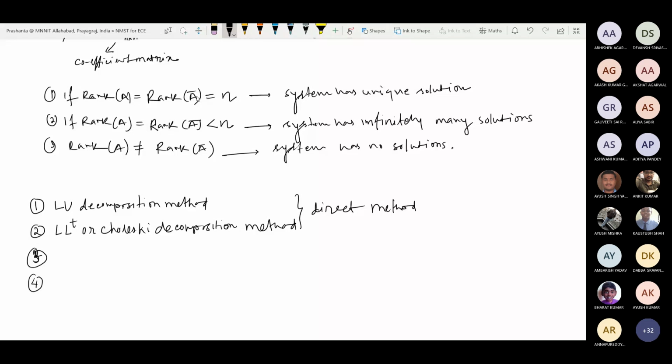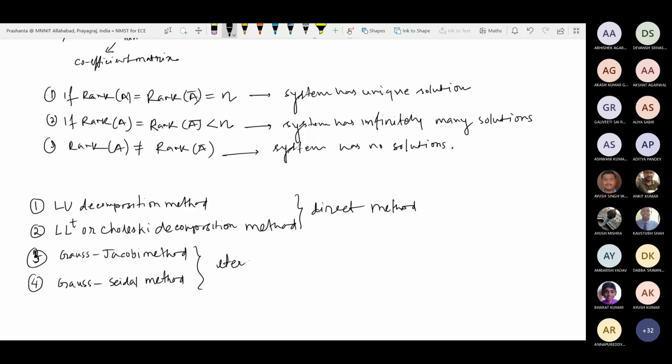So first one will be Gauss-Jacobi method, and another will be Gauss-Seidel method. These will be iterative methods.